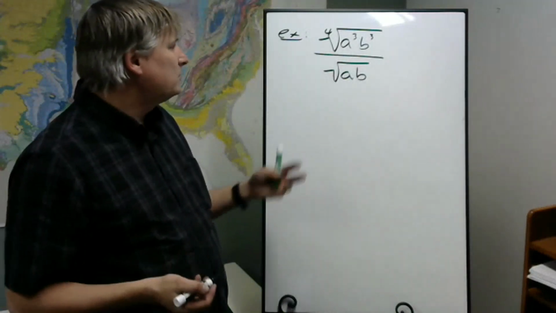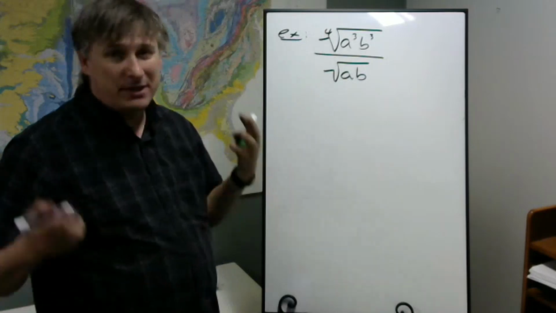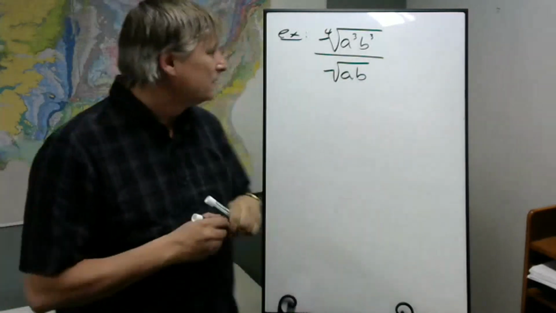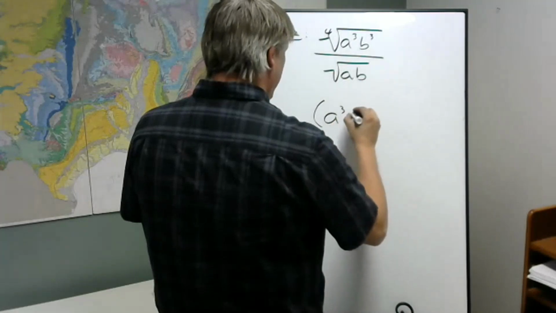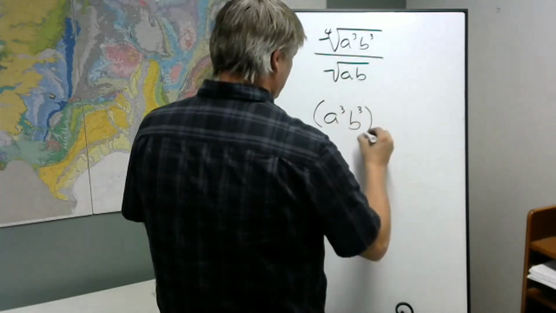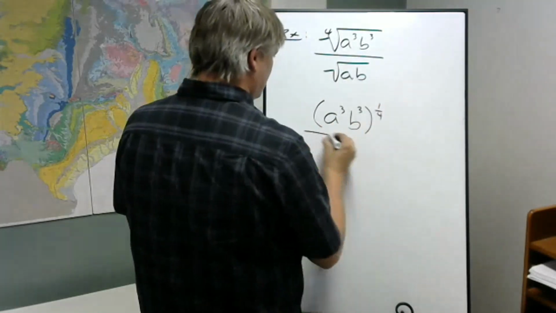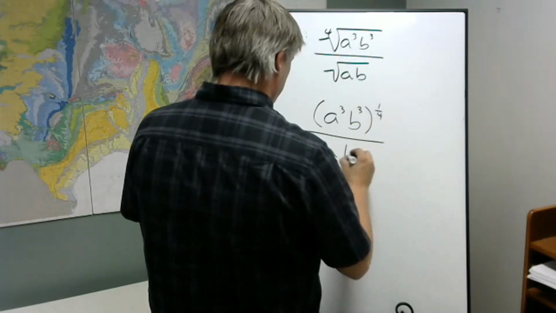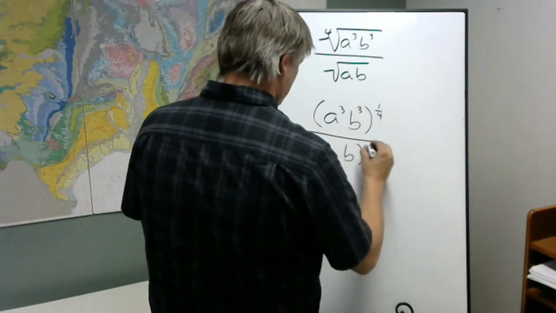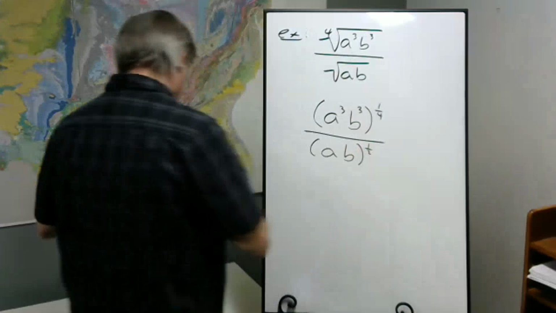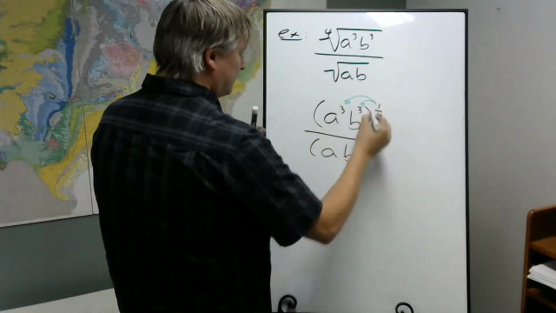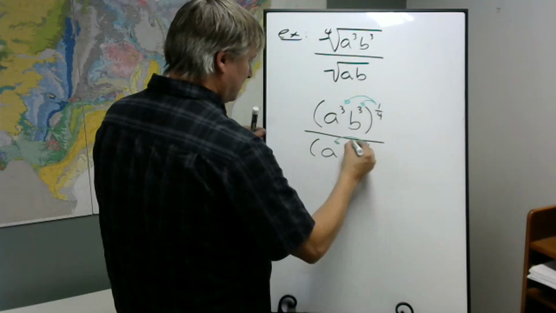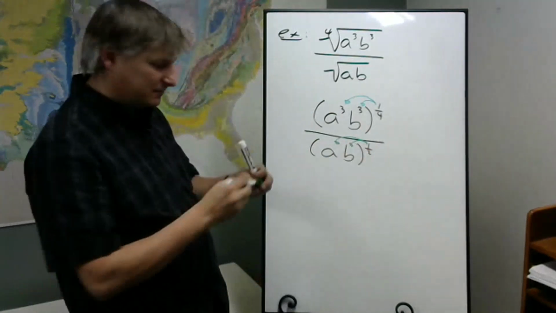Well, we have different roots, so we can't combine them into one root, but we can rewrite them using rational exponents. And we'll distribute these as exponents.